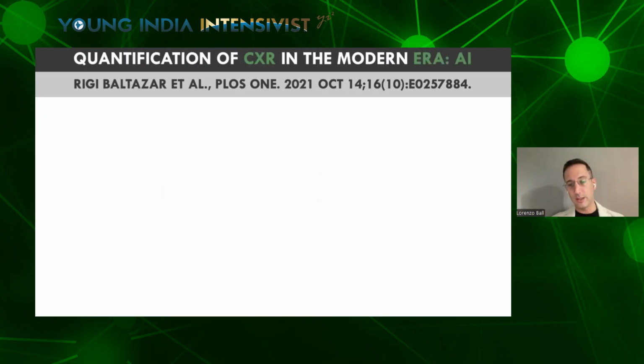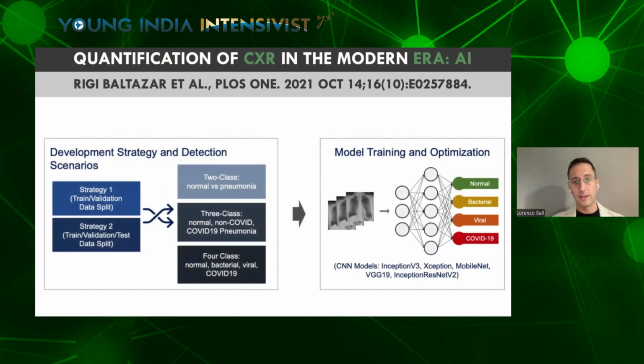But we have to look at the future, and the future is probably related to the development of artificial intelligence algorithms. And of course, this applies also to the analysis of very simple images, such as routinely acquired chest X-rays.